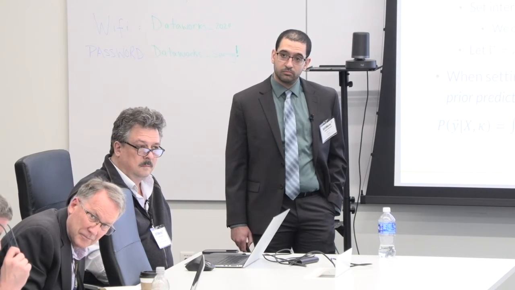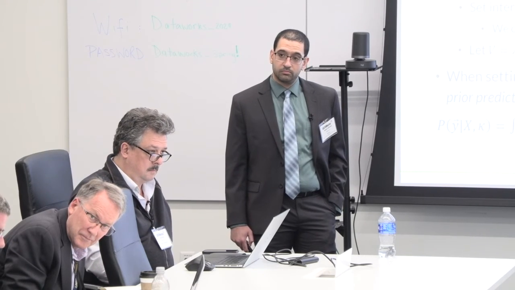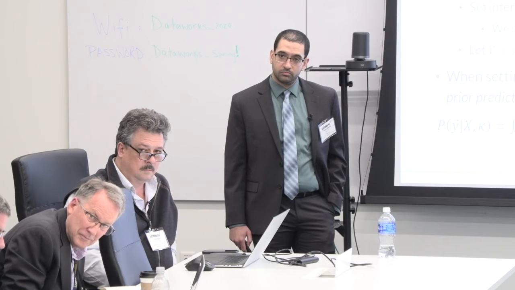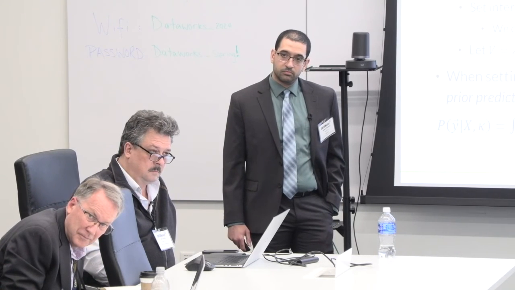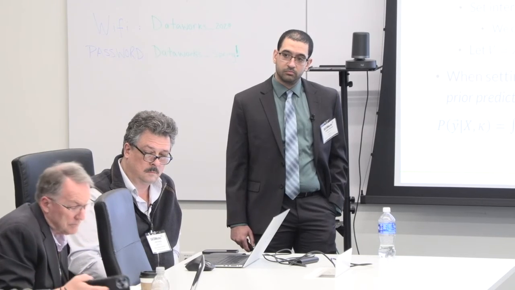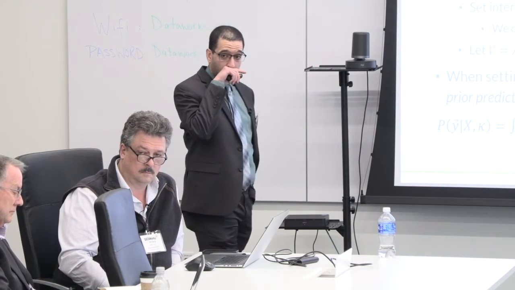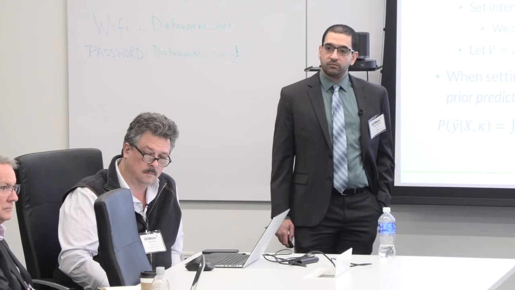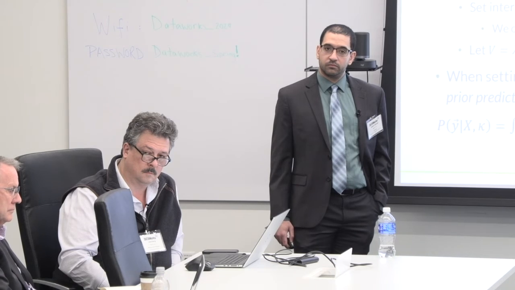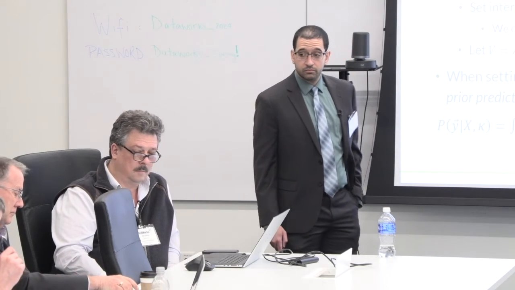For example, the data will eventually swamp the prior, so maybe that puts a requirement on the data. If you're uncomfortable with how much influence the prior has on your conclusion, that puts a requirement on how much data you have. If you're uncomfortable with the way an outlier in the data can change your answer, then you need a concept of vetting or validating the data so that one single person can't come in and change things. So I just wanted to point out that there's another part to this conversation, which is the data.